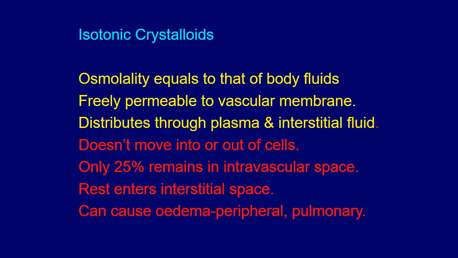After an infusion of an isotonic crystalloid, only about 25 to 30% will remain in the intravascular compartment. The rest will enter the interstitial space. If there is an excess amount of isotonic crystalloid collecting in the interstitial space, that would be seen as edema. It could be peripheral edema or pulmonary edema.